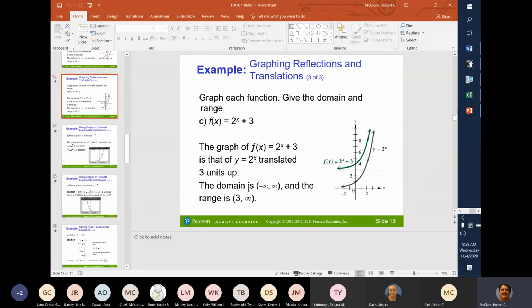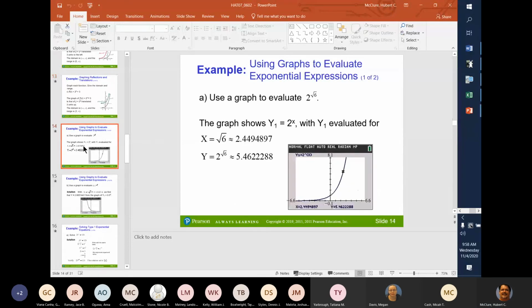Vertical shift. The 3 is not attached to the x. The 3 is attached to the 2 to the x. If it's attached to the 2 to the x, then it's a vertical shift. Okay.